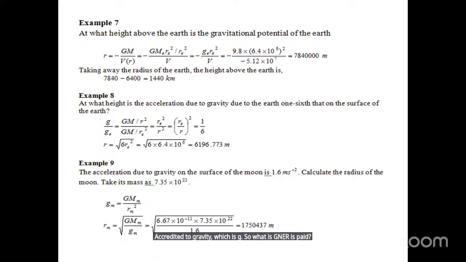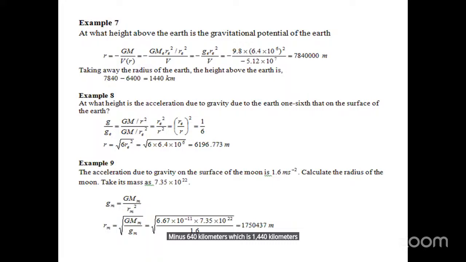That is g_E, right? So this will give us minus g_E R_E squared over V. Put that together, we arrive at 7.84, that's 7,840 kilometers from the center of the Earth. If you take away the radius, you get 7,840 kilometers minus 6,400 kilometers, which is 1,440 kilometers.